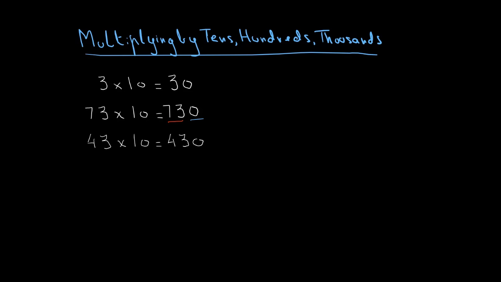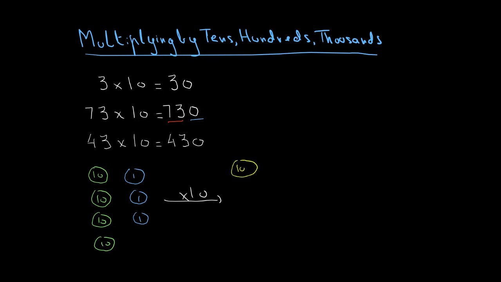So I can have these discs. I can have 4 discs of 10 and 3 discs of 1. I multiply by 10. Each disc of 10 will get converted to 100, so I'll have 4 discs of 100.